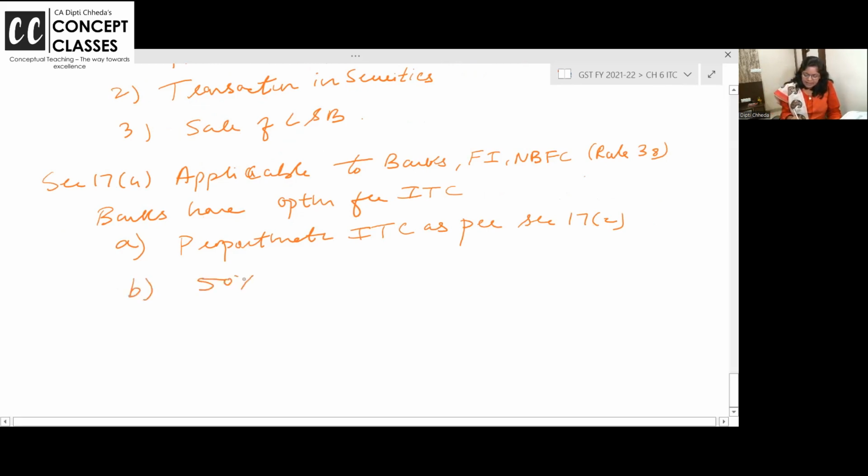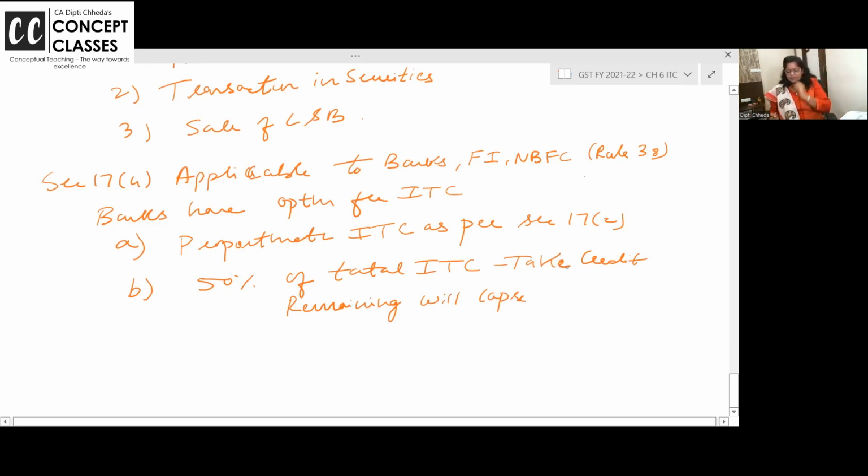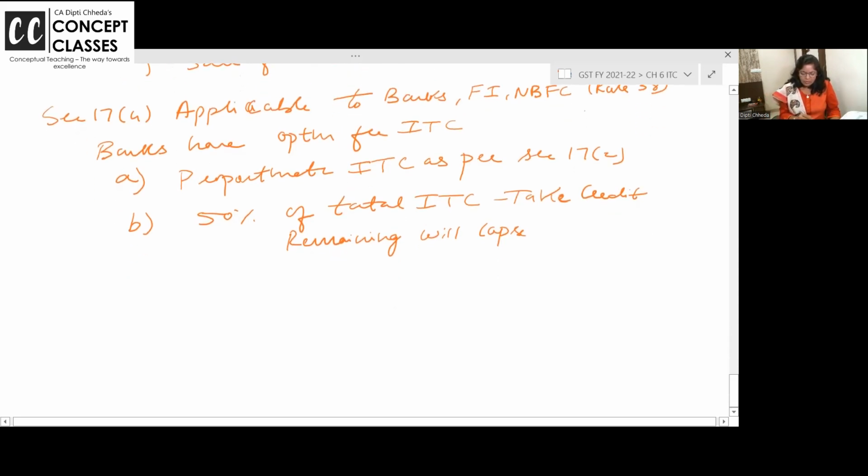Second is 50% of total ITC. Take credit, remaining will lapse. अच्छा है, क्लियर है आप सबको?